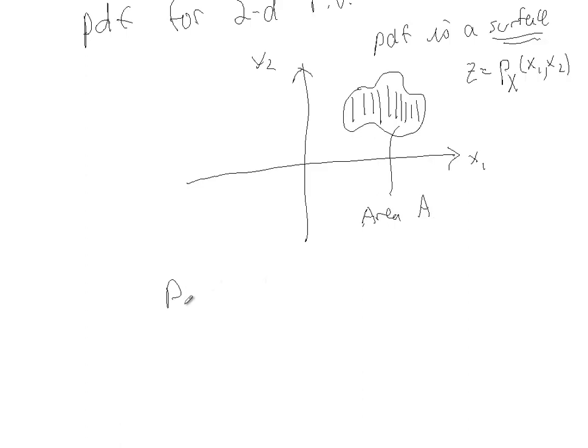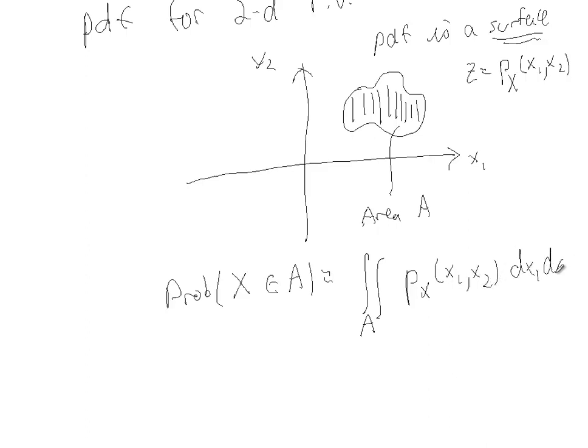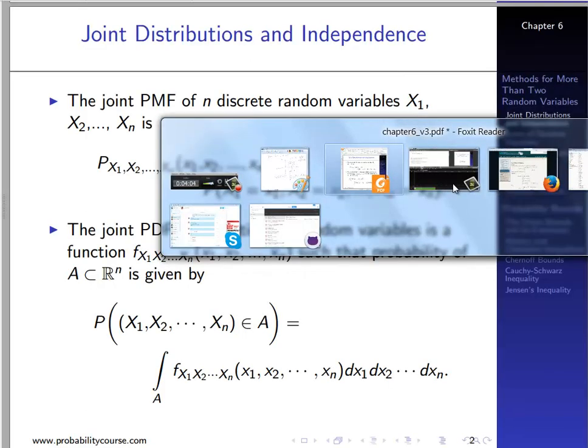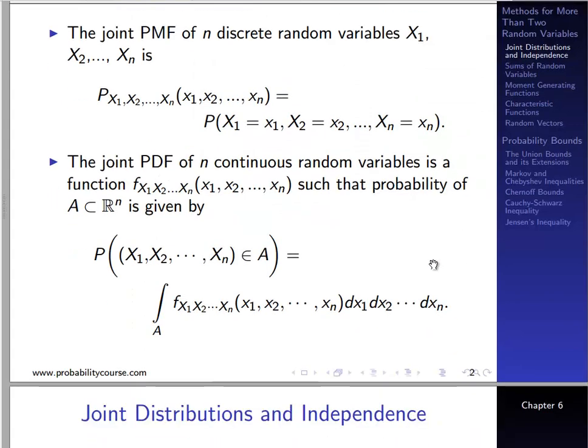I want the probability that the random variable X is in A to be equal to the integral over A. This is actually going to be a surface integral, an area integral, so I'll draw two integral signs. It's the area integral of the two-dimensional density dx1 dx2. Now, just to make this clear, this x is now a vector random variable with two components. Let me relate that back to what he has here. This is the same thing.